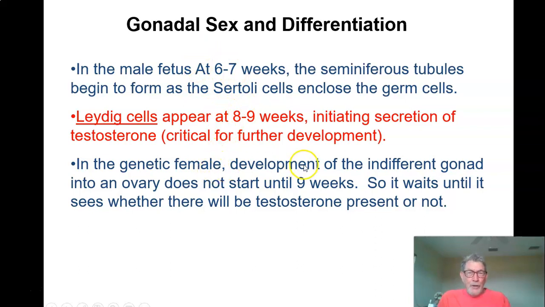Female differentiation and production of female characteristics waits until about 9 weeks to happen. So this has time to happen. If you're going to be a guy, you start doing it then, and it overwhelms or turns off this part. If it doesn't hurry up and happen, then you start developing as a female.